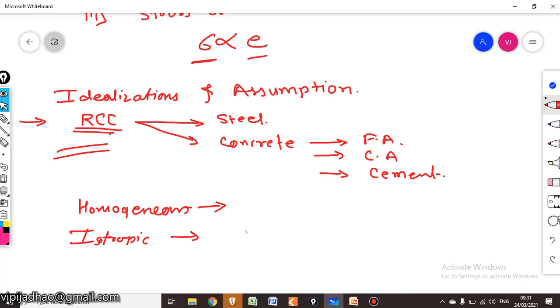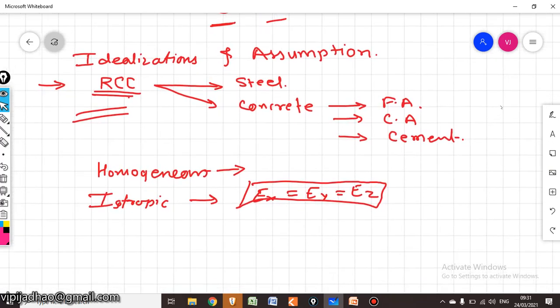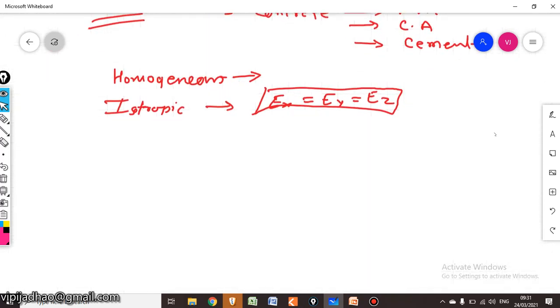That is, your modulus of elasticity Ex should be equal to Ey, which is equal to Ez. That is, the elastic properties should be the same in all the directions. This is the assumption made for making your structure more idealized.